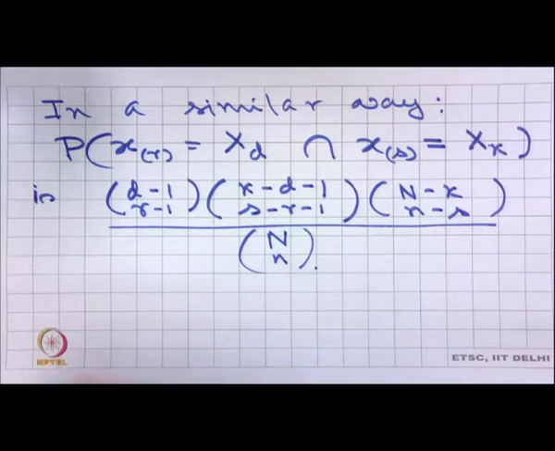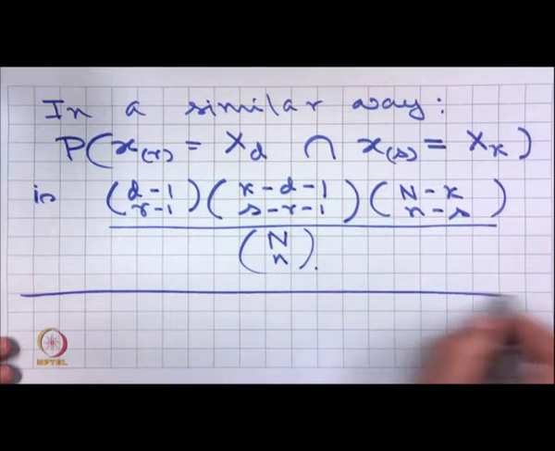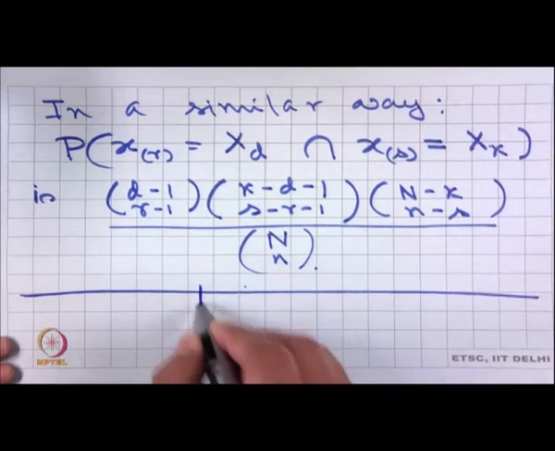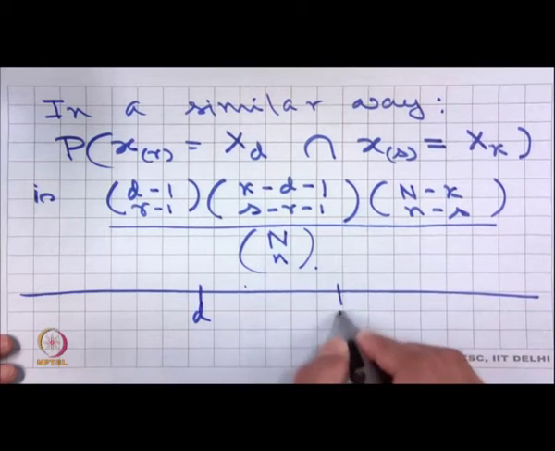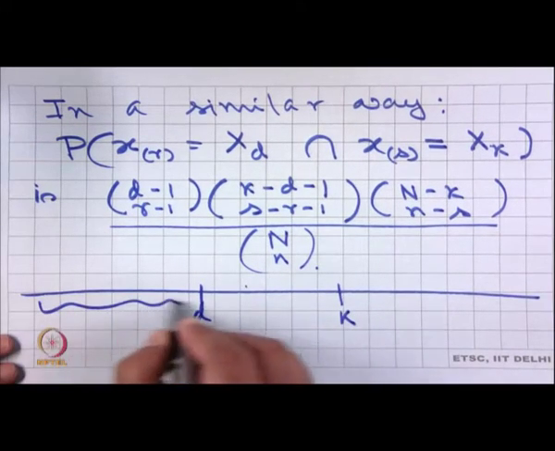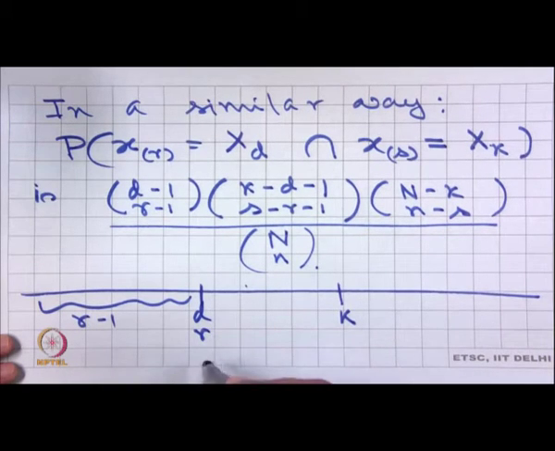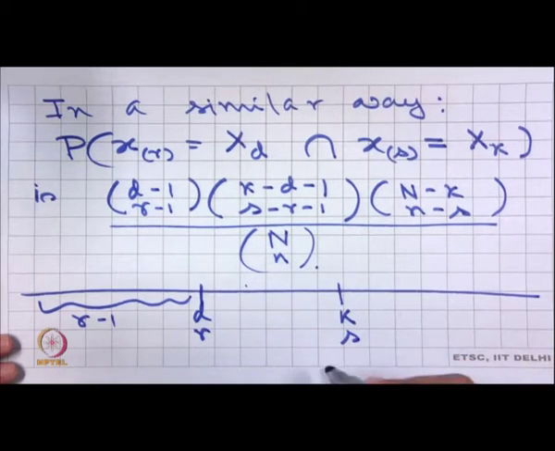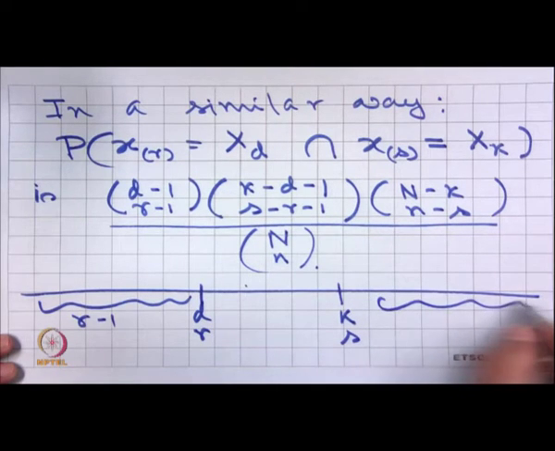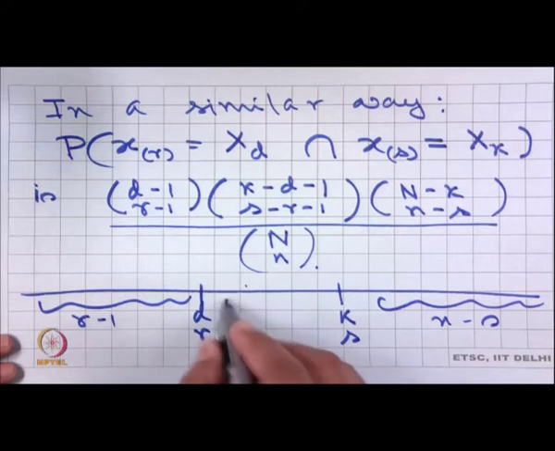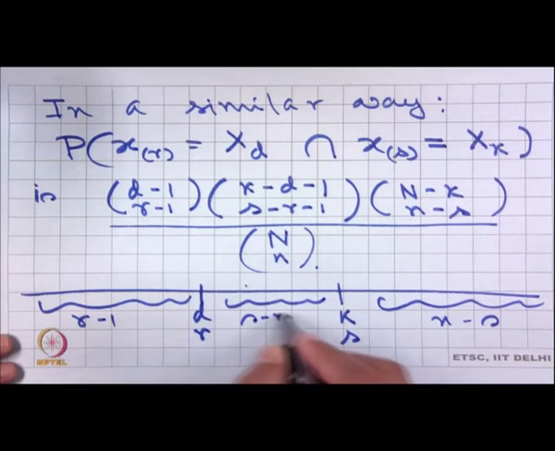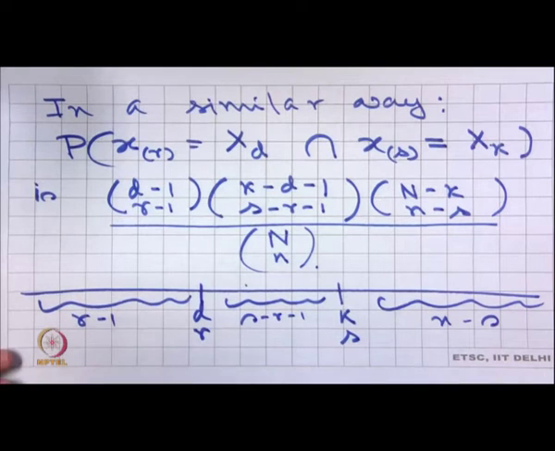This is very simple. A very similar logic will tell you that if this is the d and this is the kth one, then I need r minus 1 of them to be here, the rth one to be here, the sth one to be here, n minus s ones to be here, and s minus r minus 1 of them to be from here.